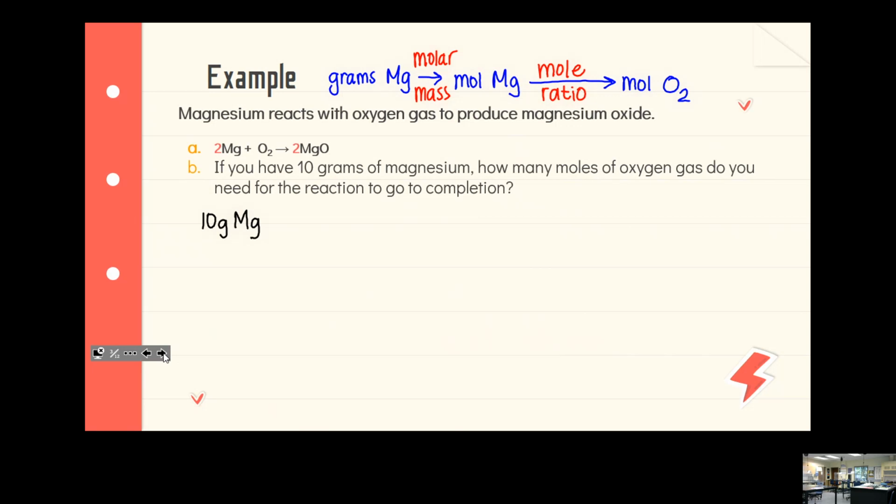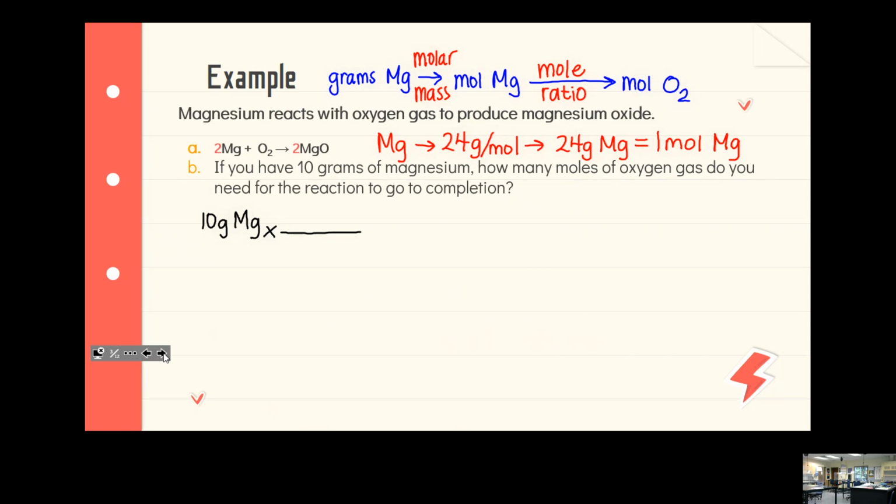Okay, so for magnesium, the molar mass, I go to the periodic table and I see that for magnesium, my molar mass is 24 grams per mole. Okay, same thing as writing, for every 24 grams of magnesium, it is equivalent to 1 mole of magnesium. So that's my conversion factor when I take the next step and start setting this up.